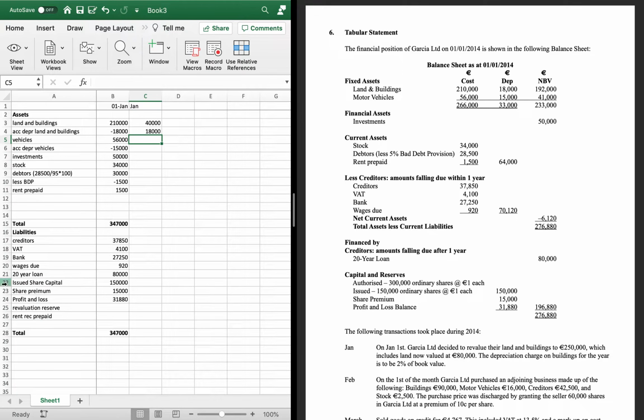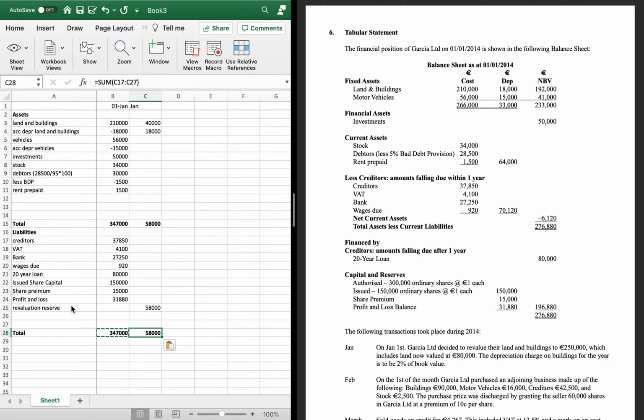So we know this ourselves. Our revaluation reserve is 58,000 here. So the top will add up to 58,000, the assets, and the liabilities will add up to 58,000 as well.